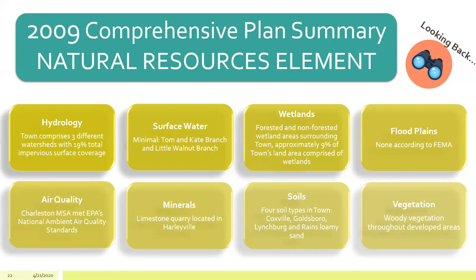No FEMA floodplains. Air quality met national standards, so that's good. Minerals found in town is essentially the limestone quarry located in Harleyville. 4 primary soil types, including Coxville, Goldsboro, Lynchburg, and Rain-Loamy sands. And the vegetation is woody vegetation throughout most of the developed areas in the town.